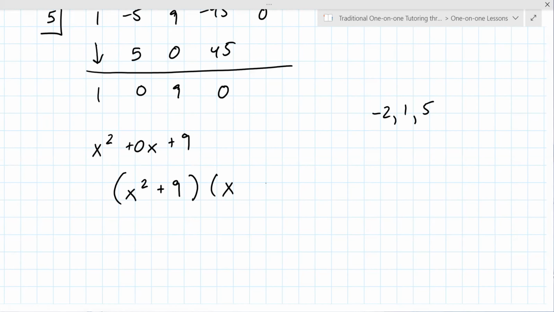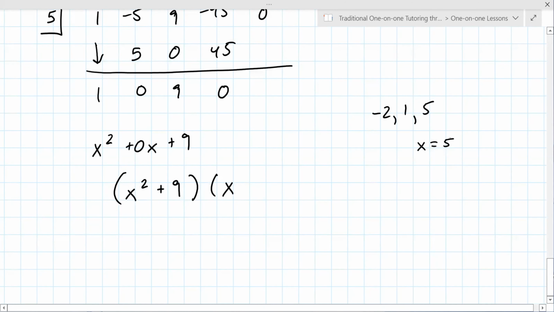Yes, it would be x equals 5, which is true, but you have to move that 5 over by subtracting. So it'd be x minus 5. That's good. How about for 1? X minus 1. And for -2? X plus 2. Perfect. You're really doing great here.